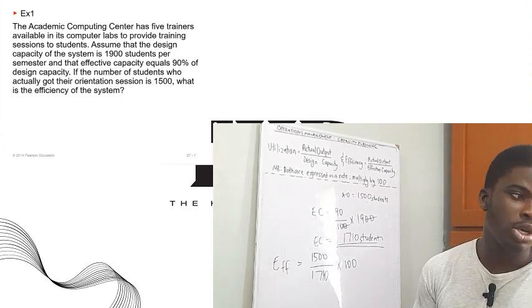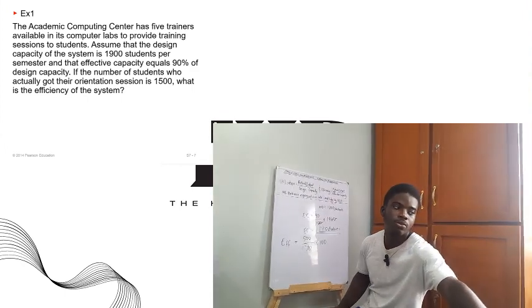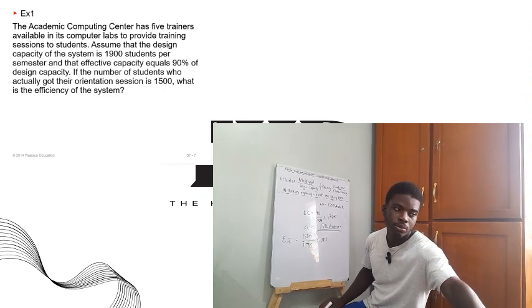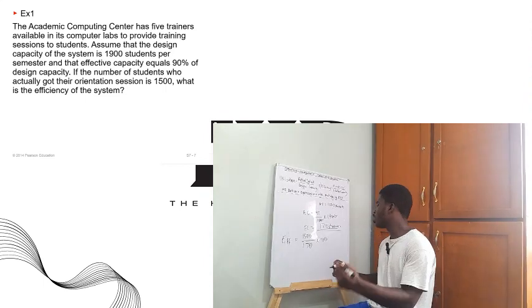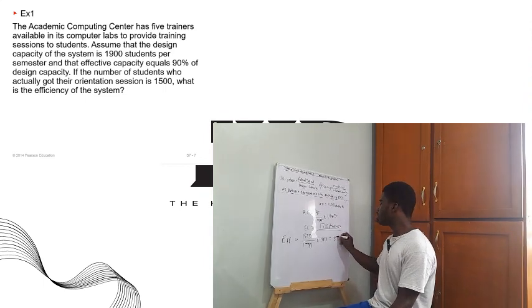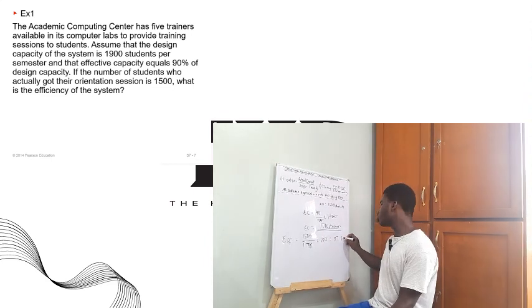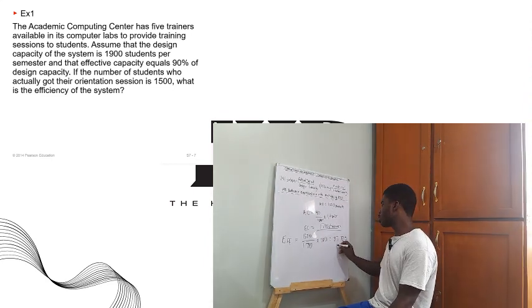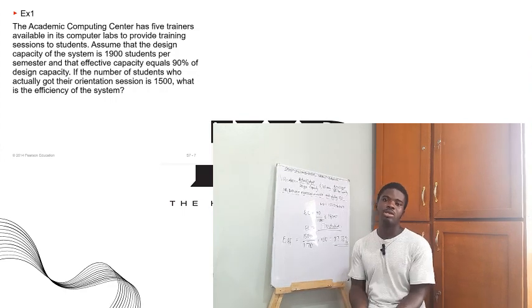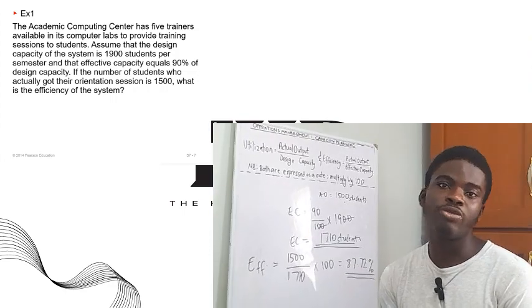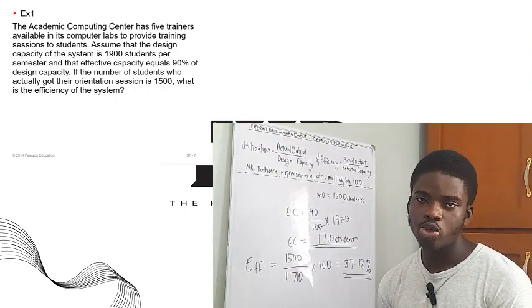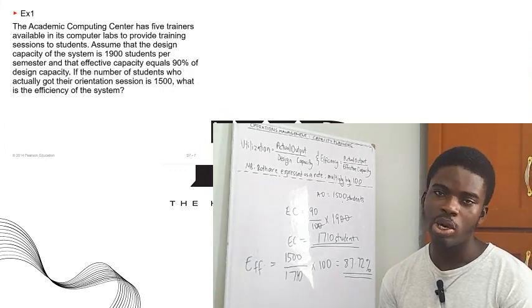When you do that, that gives you 87.72%. It is the efficiency. This is a pretty straightforward example, so let's look at a more complicated one.